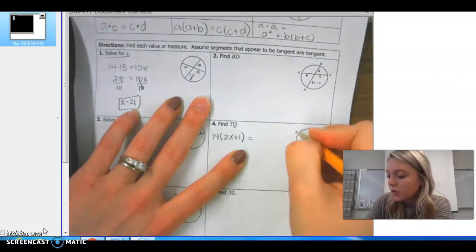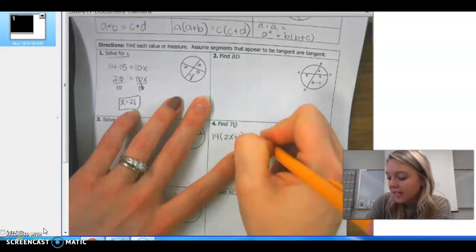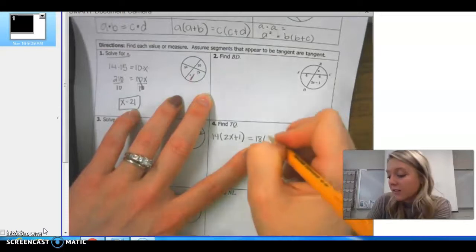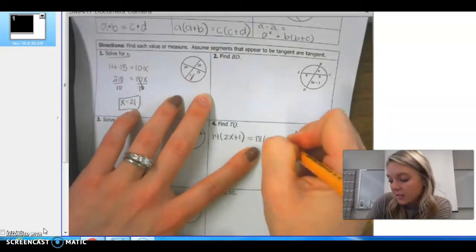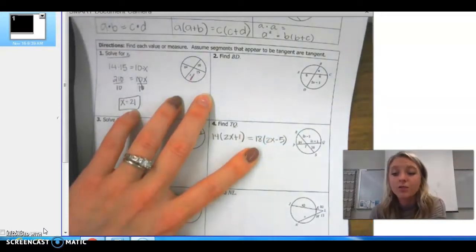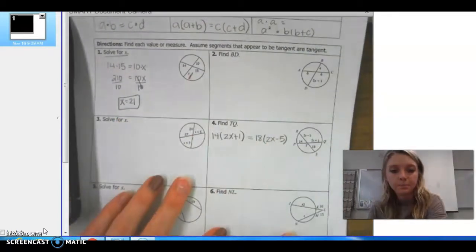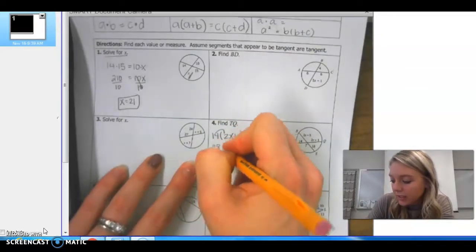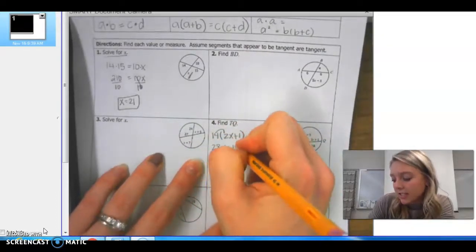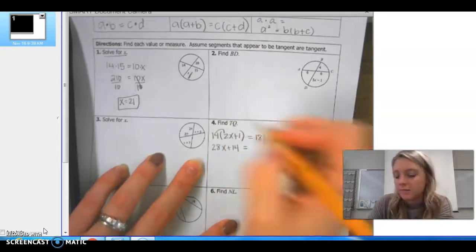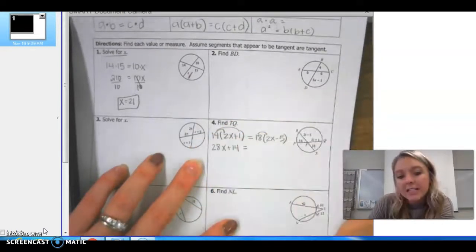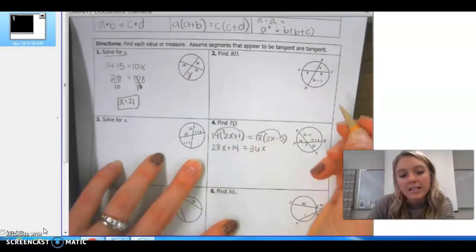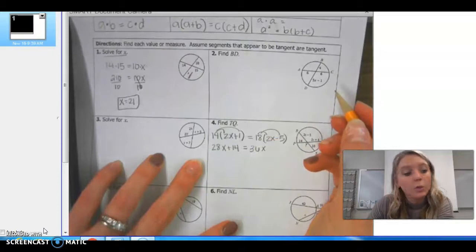Equals chord RS. I'm going to put the 18 first and times it by (2x minus 5), and set it up with parentheses so that you remember to distribute the 18. So 14 times 2x would be 28x, and 14 times 1 would be 14. 18 times 2x would be 36x, and 18 times negative 5 would be, what is it? Let's type it in.